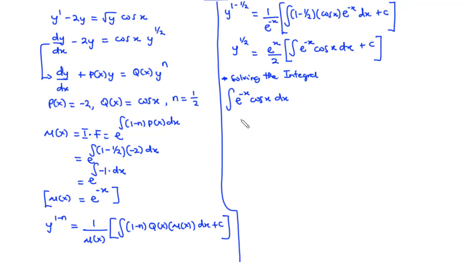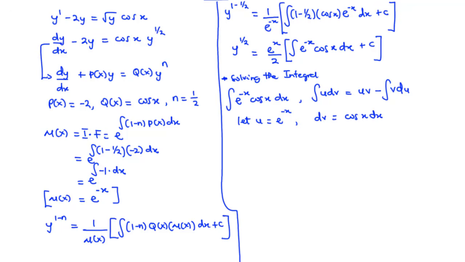If you have the integral of u dv, then this is equal to u times v minus the integral of v times du. So first of all, we let u be equal to e to the power negative x, and then we let dv be equal to cos x dx.